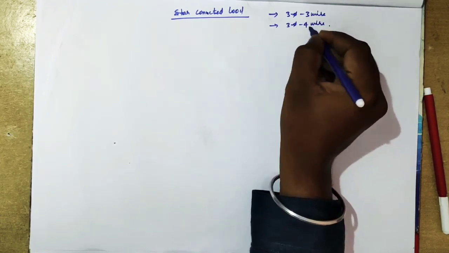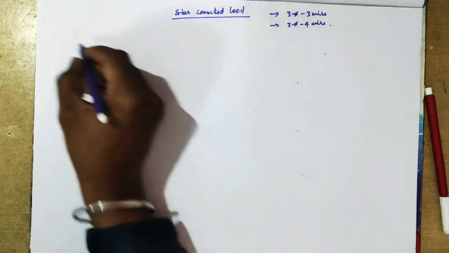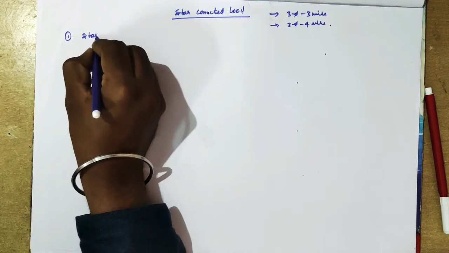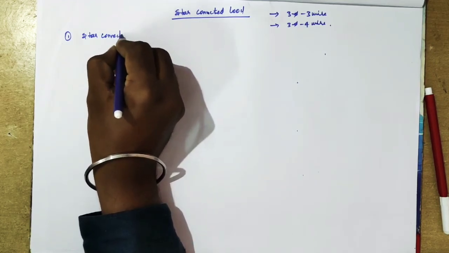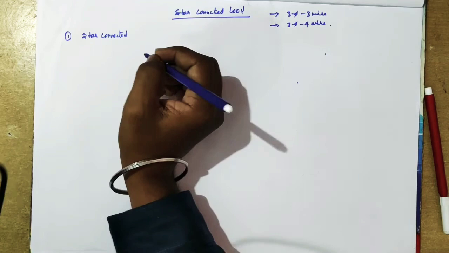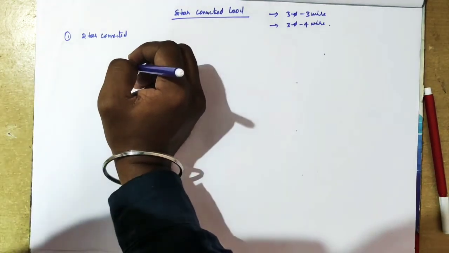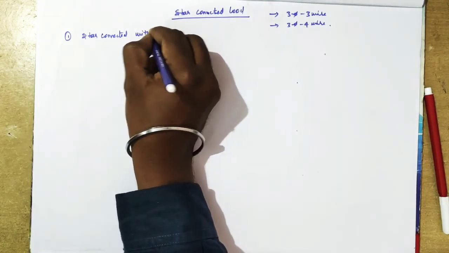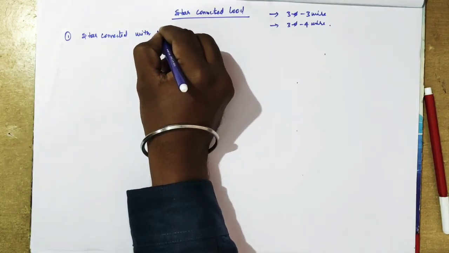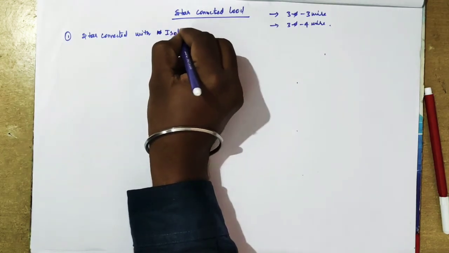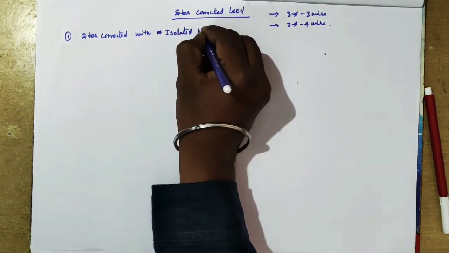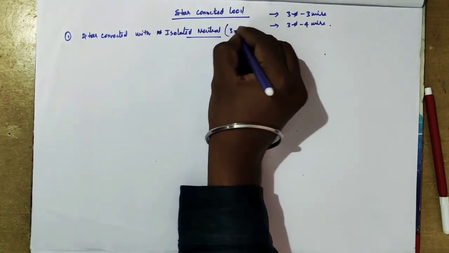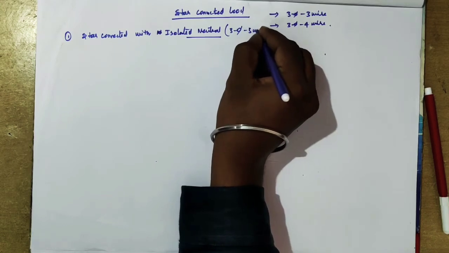Now we will discuss the three phase, three wire, that is called star connected with isolated neutral. So that is the three phase, three wire system.